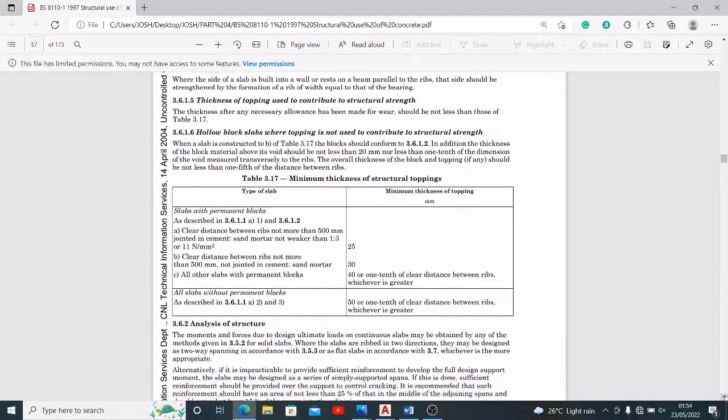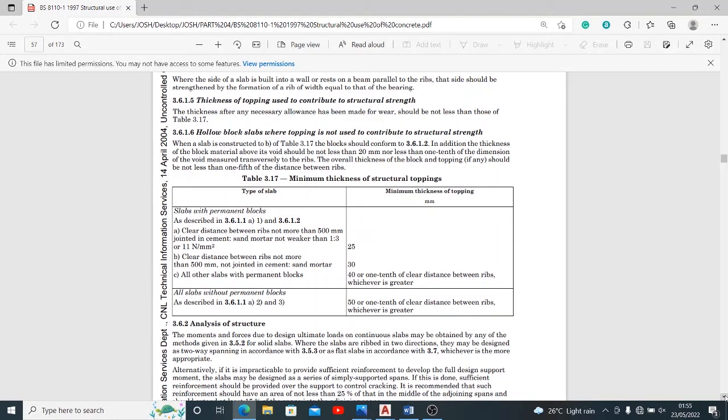So, we have two considerations, like I told us earlier, that there are two methods of constructing our rib slab. Either you construct with permanent blocks or you construct without permanent blocks. Constructing with permanent blocks means that you are going to use solid blocks or hollow blocks to fill the spaces between two or more ribs, while the other one means that you are going to leave your spaces void, right?